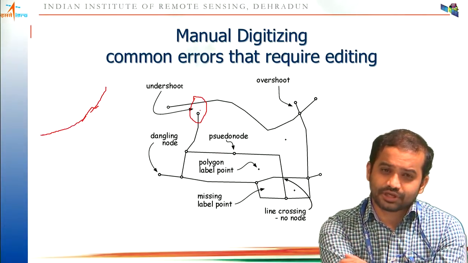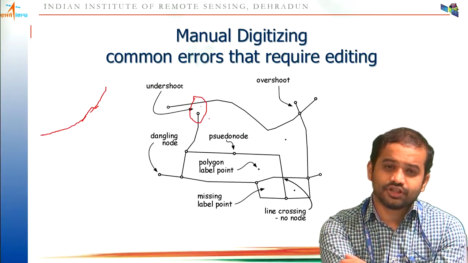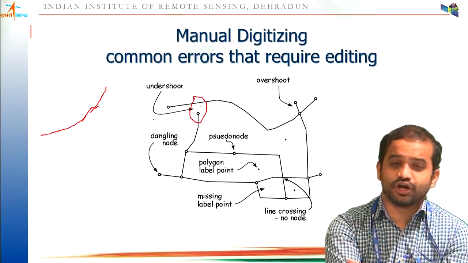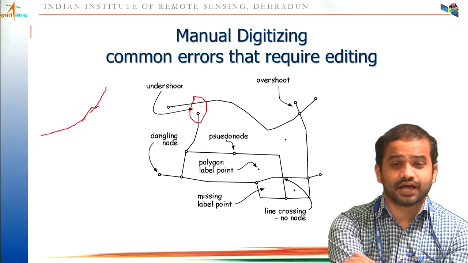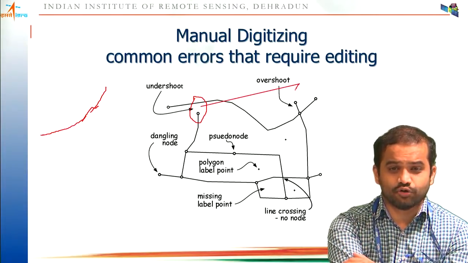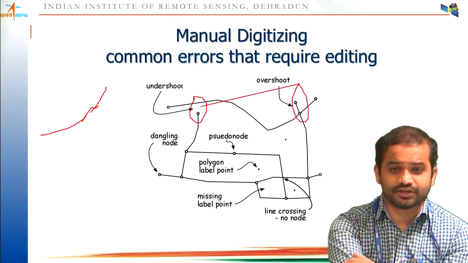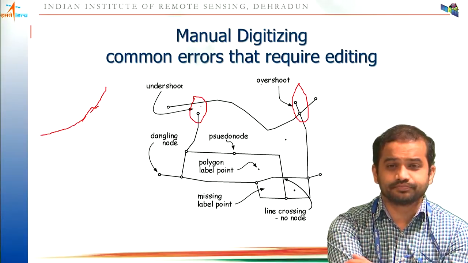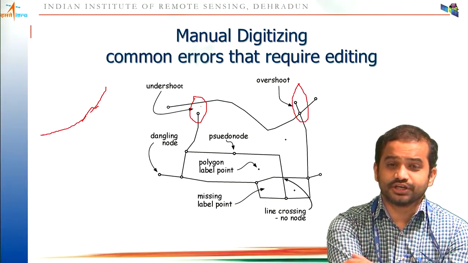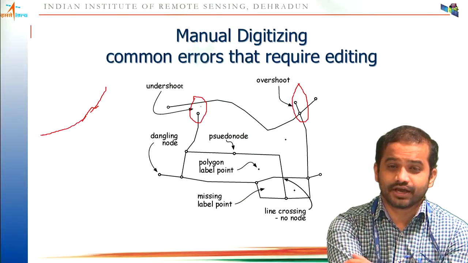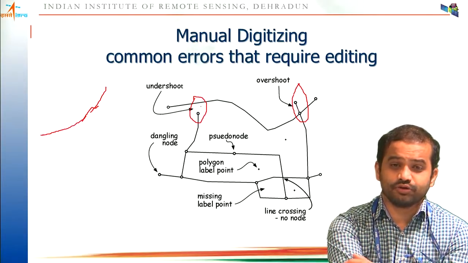If you cannot go up to the line and reach only up to here, that is called undershoot, because you have not reached the target. Another is called overshoot, where you have reached the target but you crossed it. This distance, this type of error, is called overshoot.